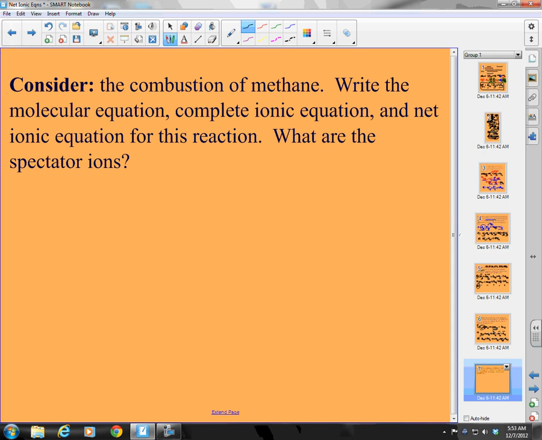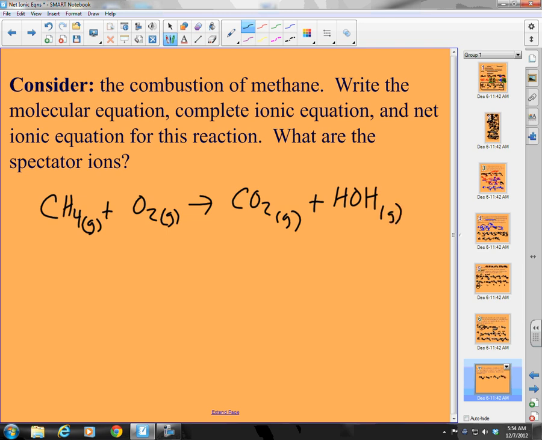Combustion of methane. Methane we know is CH4, and it is a gas, plus O2, which is a gas, yields CO2, which is a gas, plus HOH, which can be a gas or a liquid. And when I balance these, I need 2 of these, and which would mean what?